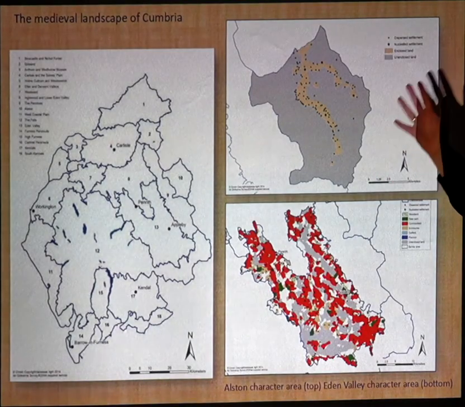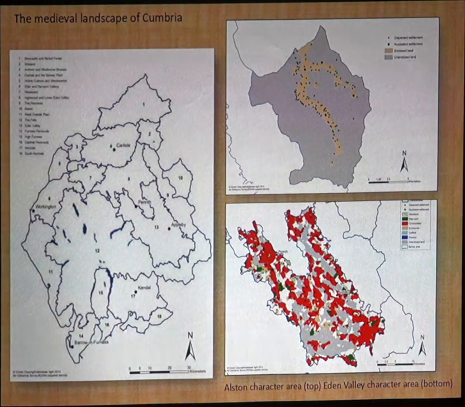But this is a product of strong lordship, it's very much a product of policy to exploit this area for silver and lead. Okay, it didn't have to look like this.